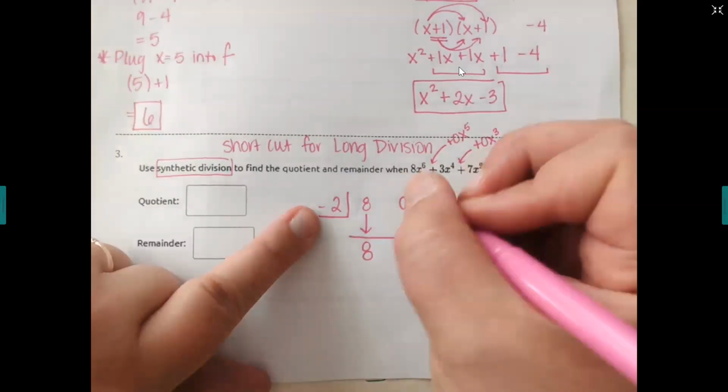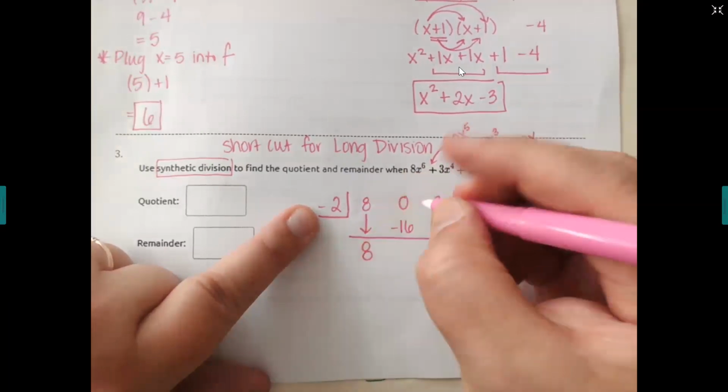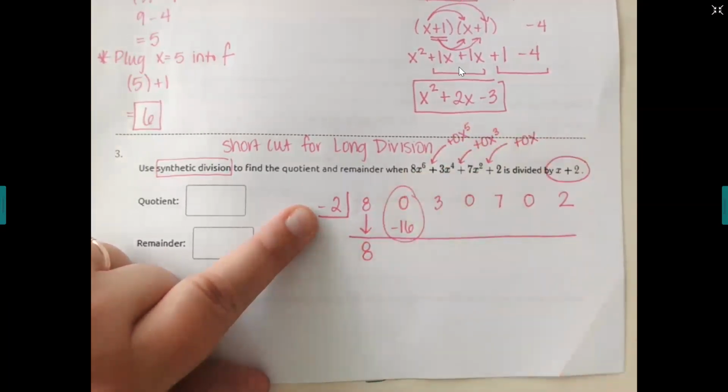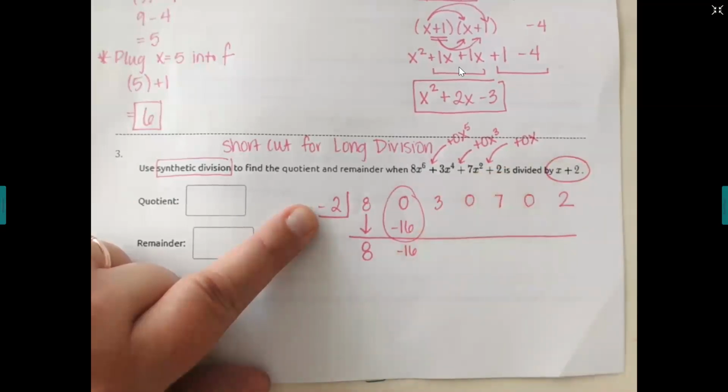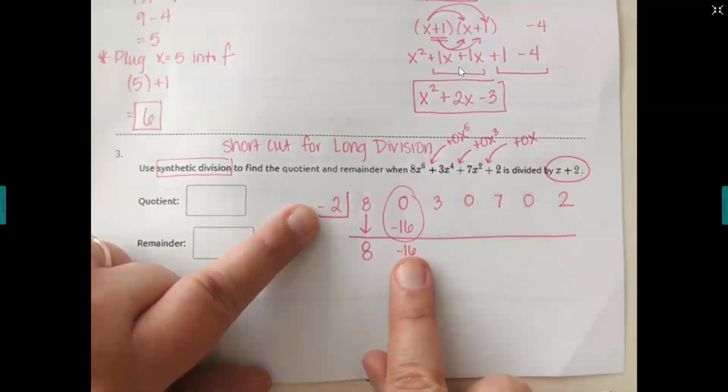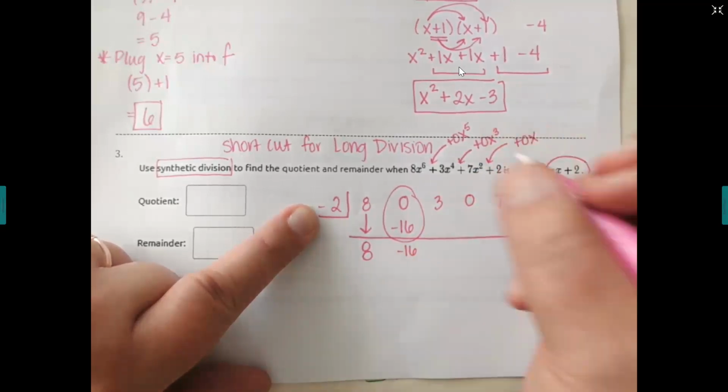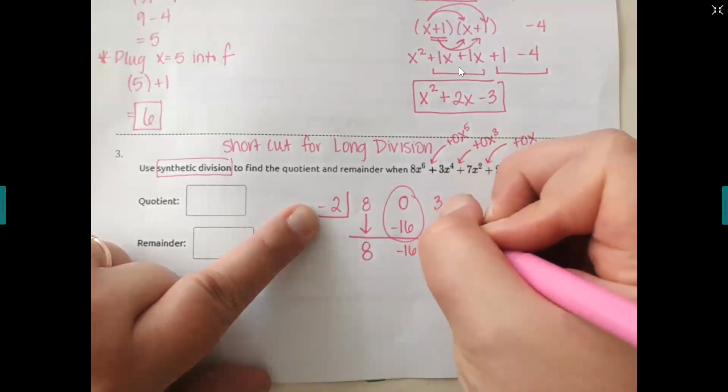8 times -2 is -16, and then you're going to add that column. So if I do 0 plus negative 16, what am I gonna get? Negative 16. Then I'm gonna take negative 16 and do what? Times by negative 2. That's gonna give me positive 32.